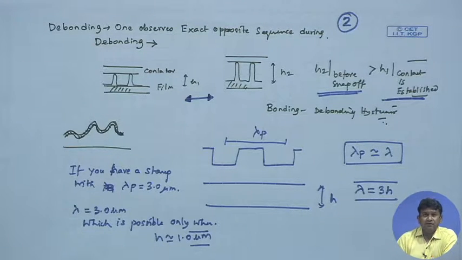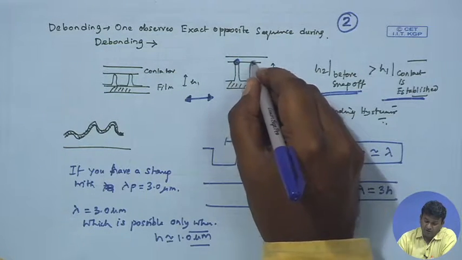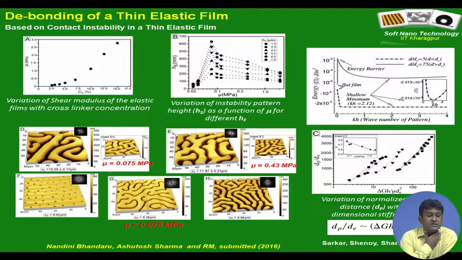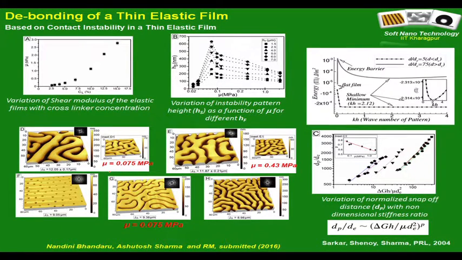This can be attributed to pinning. Maybe as the film comes in contact with the surface, it might be forming some strong pinning with the surface. There might be other reasons. In fact, one can also attribute it to the elastic stiffness of the film. There are a lot of theoretical formulations; for example, Sarkar and Sharma have worked out a kinetic pathway which shows why this hysteresis exists.